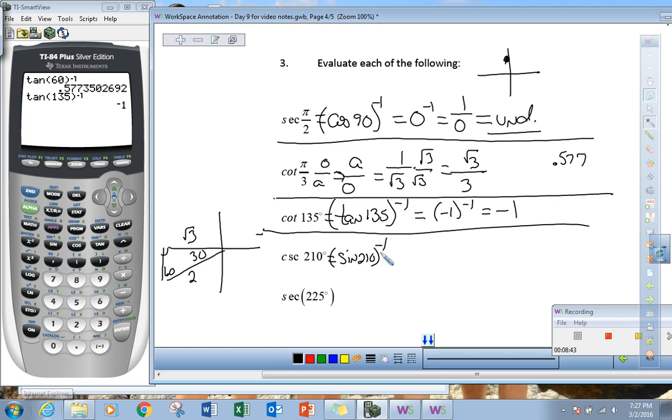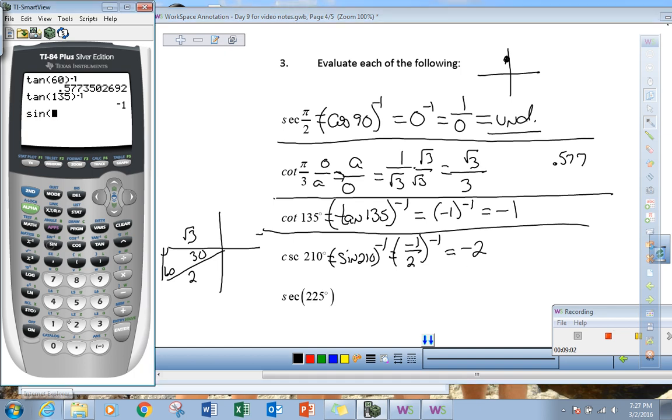Well, if you go get the sine value of this, it looks like I'm going to have negative 1/2. Go get the reciprocal of that then. So it looks like my cosecant value is negative 2. Another one the calculator could have helped you out on. Sine of 210 reciprocated, negative 2.